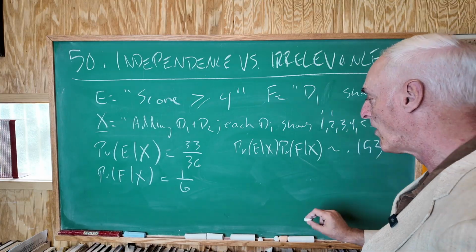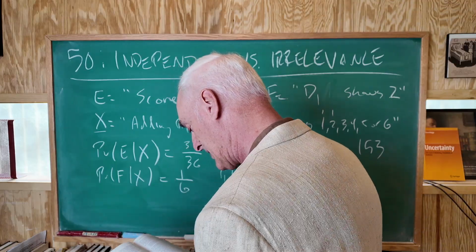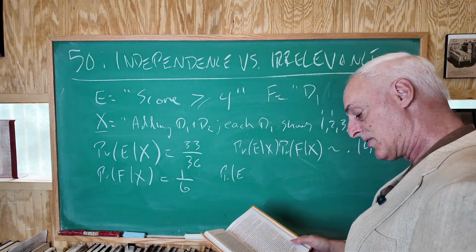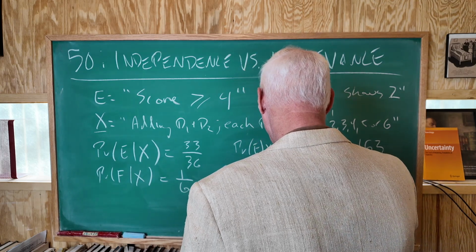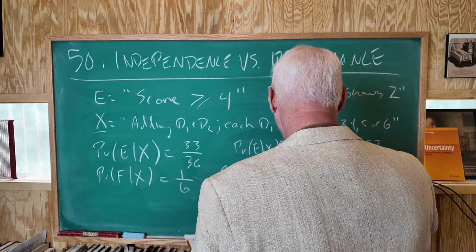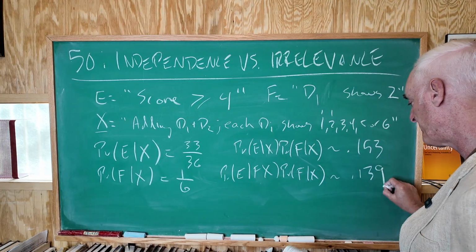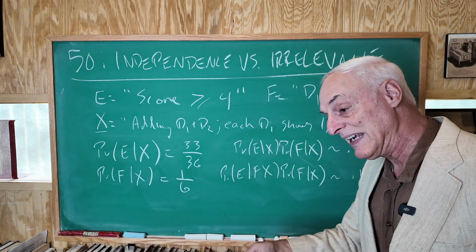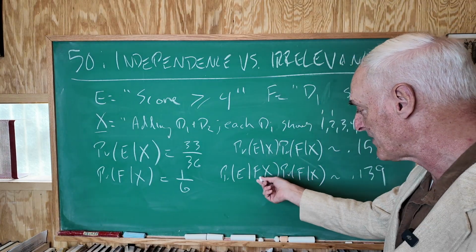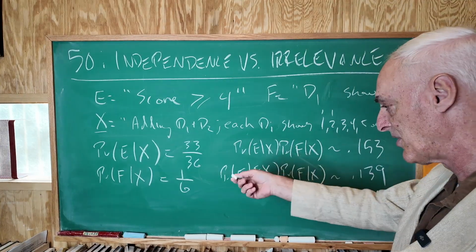Or we can calculate the probability of the two together, the probability of E and F given X. This is approximately 0.139. This states the probability of E and F together.